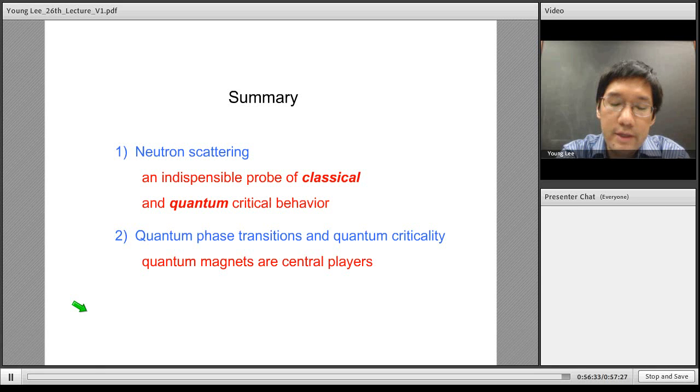Quantum phase transitions and quantum criticality are very modern, cutting edge topics in condensed matter physics, and magnetism, in particular quantum magnets, are central players in this important field of study. If you study magnets with neutron scattering, there's a lot of really interesting research for you to do.